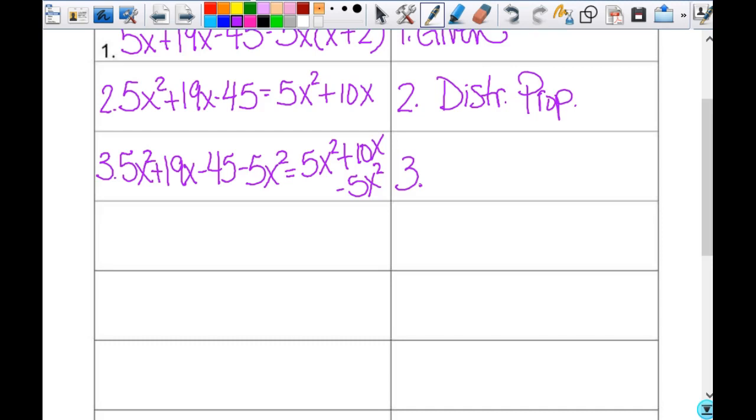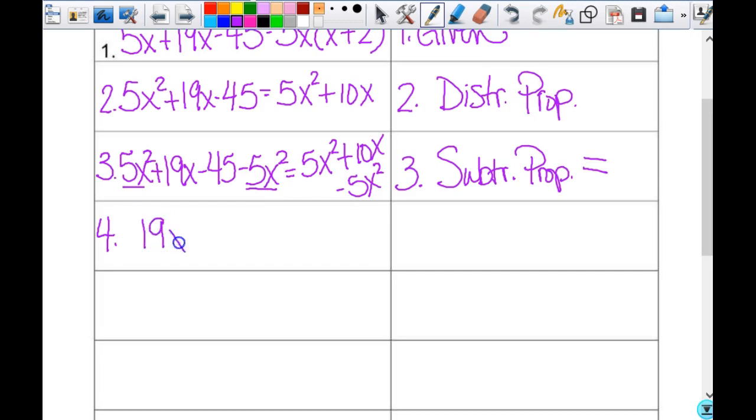So what's my reason for this? Subtraction, what? Property of equality. Good. So it's the subtraction property of equality. So now, clean it up. Well, I've got 5x squared minus 5x squared, so those just go away.